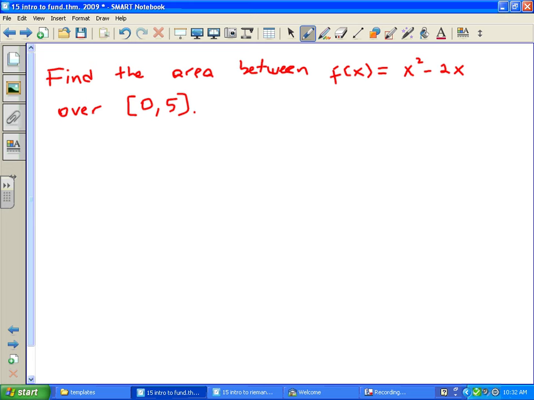Find the area between f of x equals x squared minus 2x over the interval from 0 to 5.